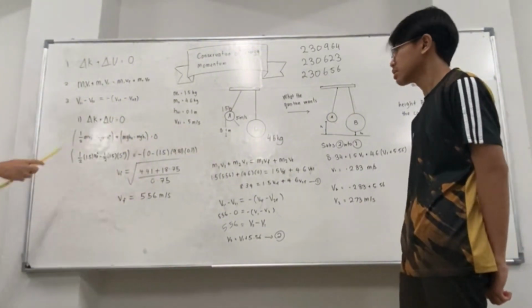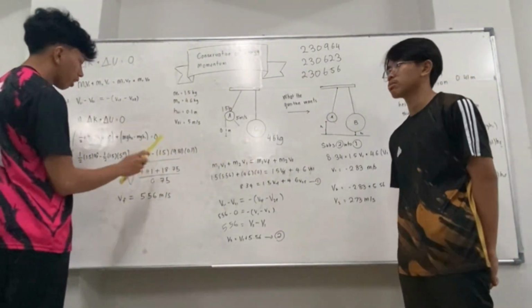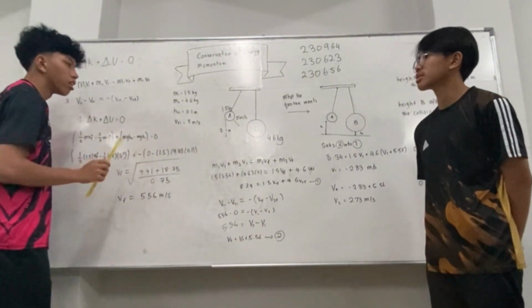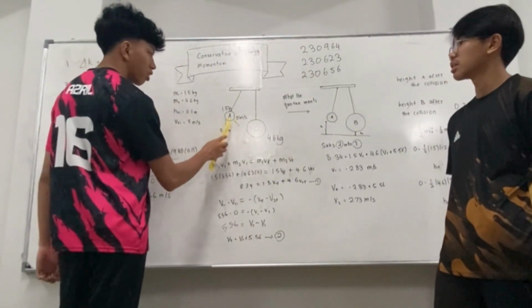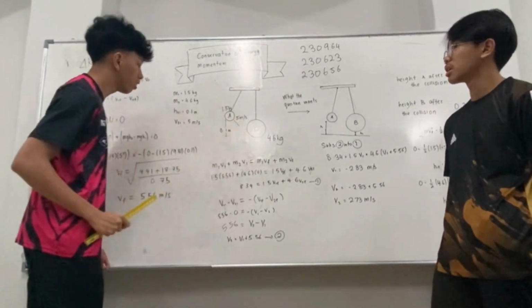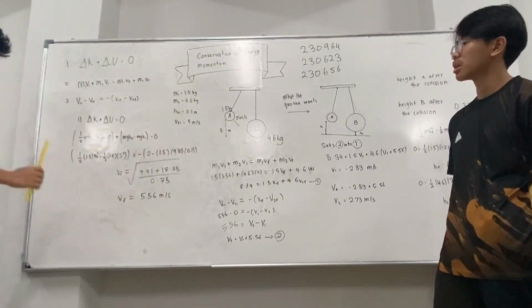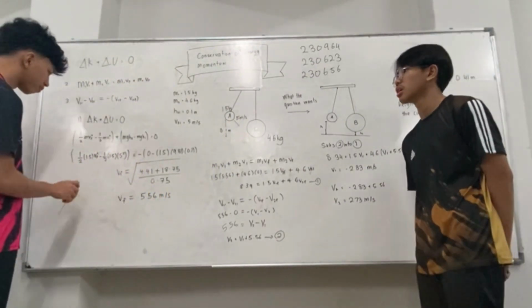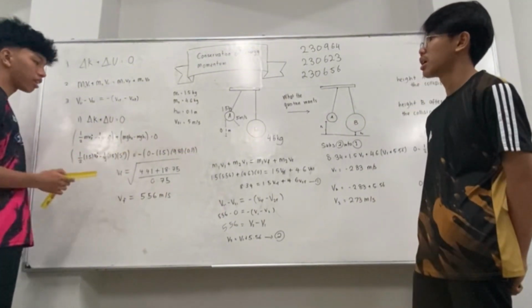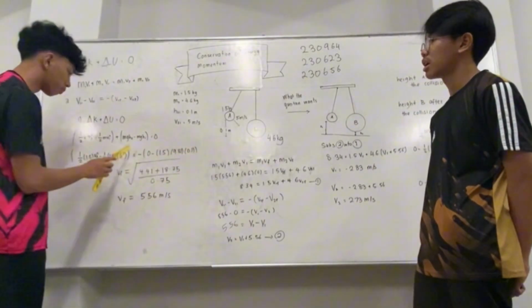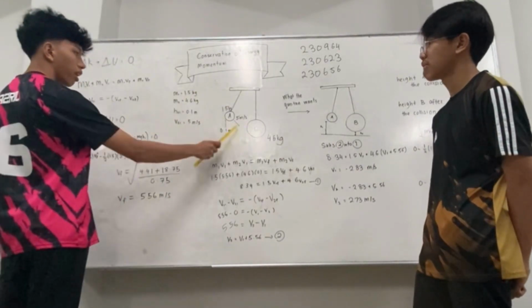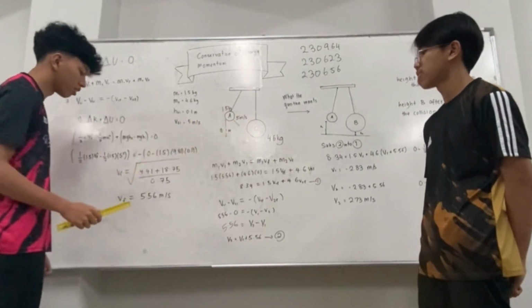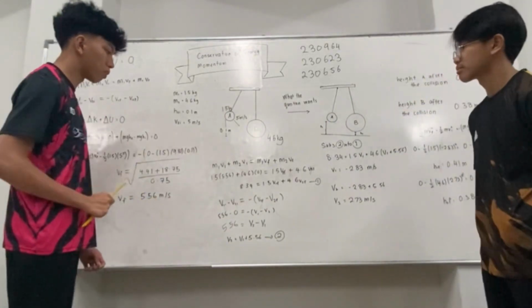We plug in everything, and the final potential energy is zero because it's at the lower point. After we plug everything in, we calculate this part and this part, move everything, and we get the final velocity of ball A before it hits ball B. So it is 5.56 meter per second.